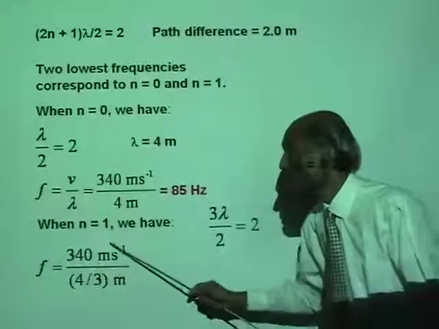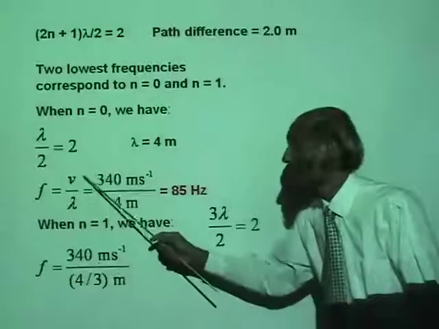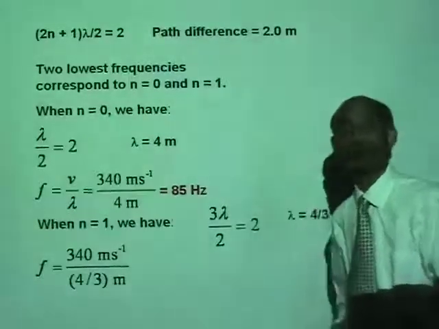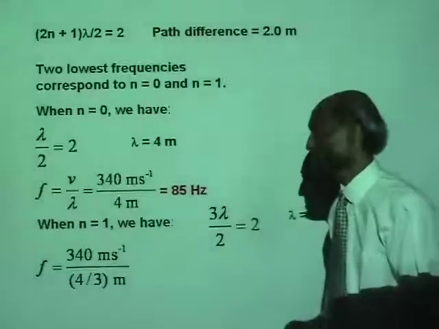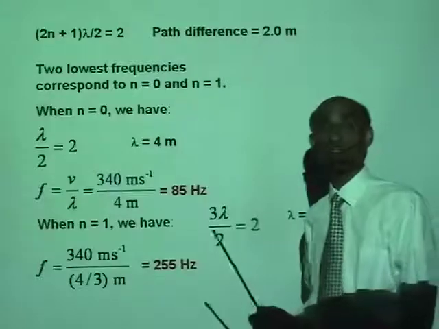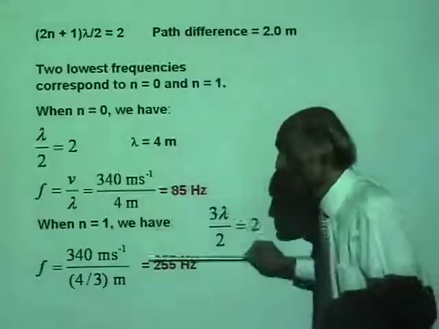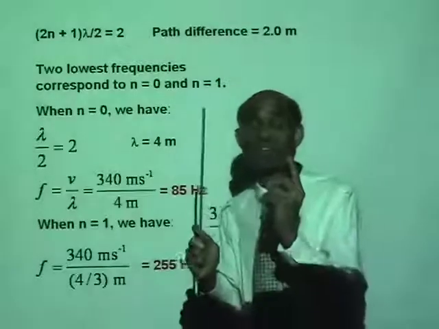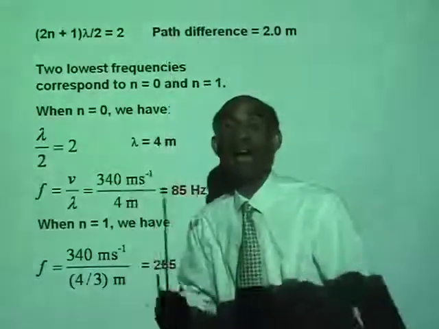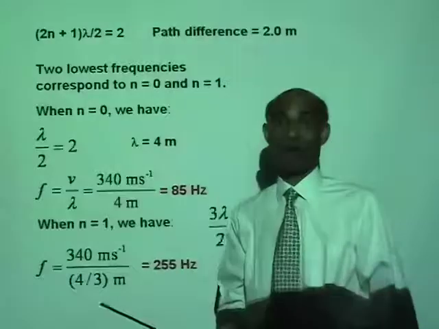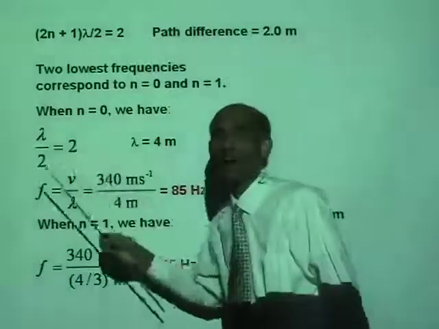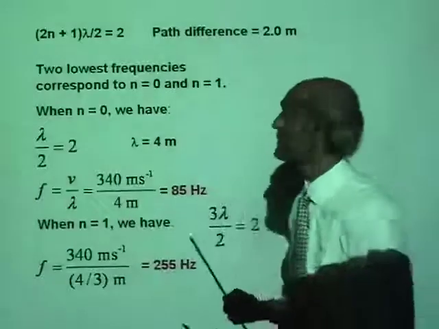Frequency is 340, that is the velocity, divided by the wavelength, 4 over 3 meter. What is that equal to? That will be 255 Hertz. So these are the two lowest frequencies for which the path difference will be an odd multiple of half a wavelength. I hope you understood the way I argued this problem out.